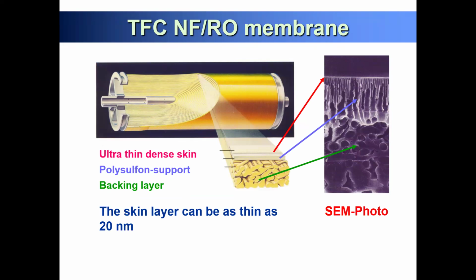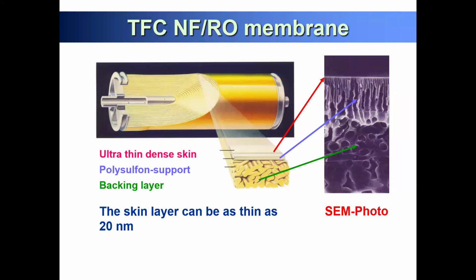On the top, there is a thin dense skin layer. This is the thin dense skin layer here. And you have a polysulfone layer, and you also have a backing layer. So this membrane has 3 layers. You have the separation of water molecules and salt at this active layer.